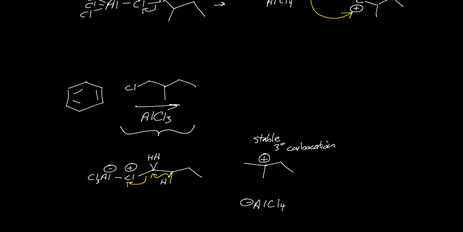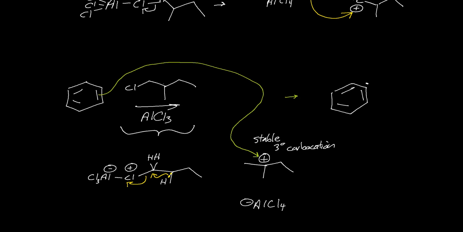That creates a methyl on the end, if you notice the hydrogen when it migrates. And then, lo and behold, the benzene can react with this strong electrophile, resulting in, after the elimination step of course, an unwanted, undesired product.